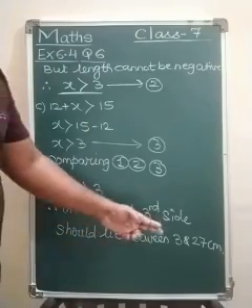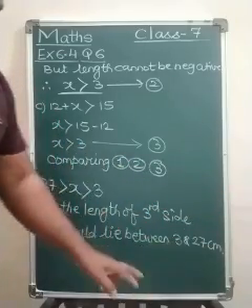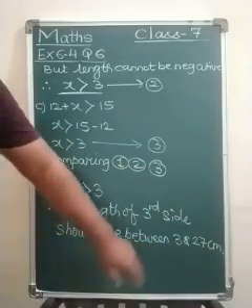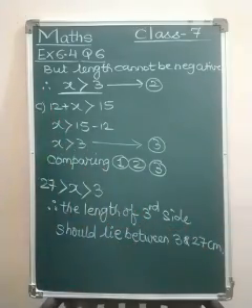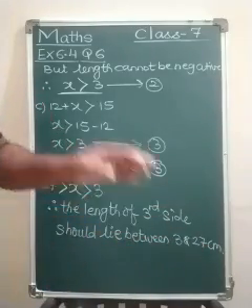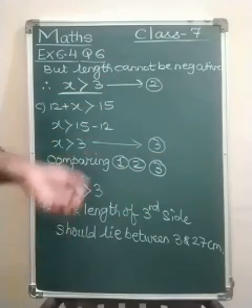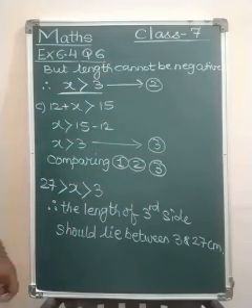So it can be anything 4, 5, 6, 7, 8, 9 up to 26. Since it is between, that means we will not consider 3 and 27. So it should lie between 3 and 27. It can be 4, 5, 6, 10 up to 26. So this was the last sum of 6.4. Thank you.